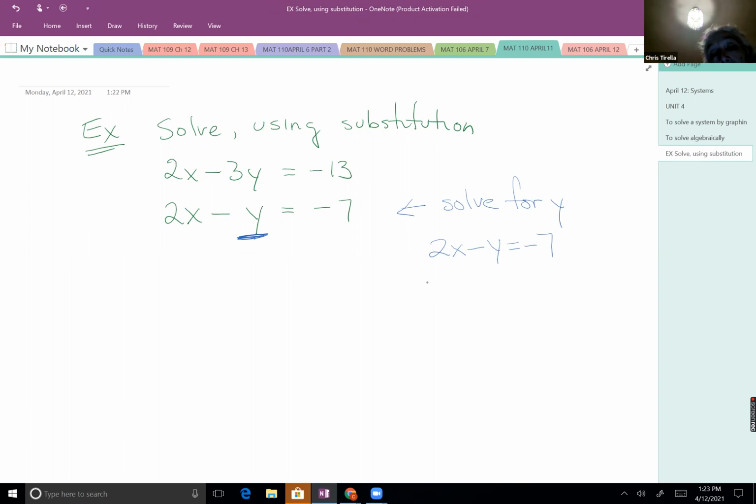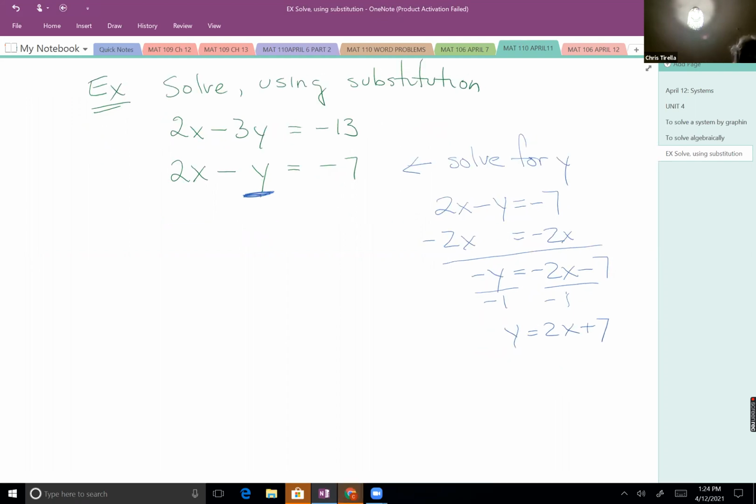To solve for y, I'll subtract 2x from both sides, giving me -y equals -2x minus 7. Not quite done. I'm going to divide both sides by -1. And I get y equals 2x plus 7. Everybody all right to there?